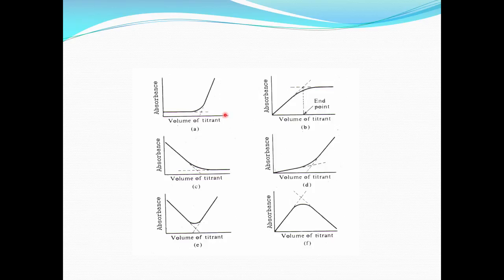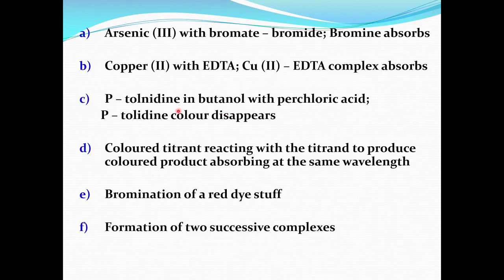Now, the third one, paratoluidine in butanol with perchloric acid. Here paratoluidine is a very simple chemical which is available in almost all chemical shops. It is used for the determination of chloride in swimming pools, a very normal reagent.